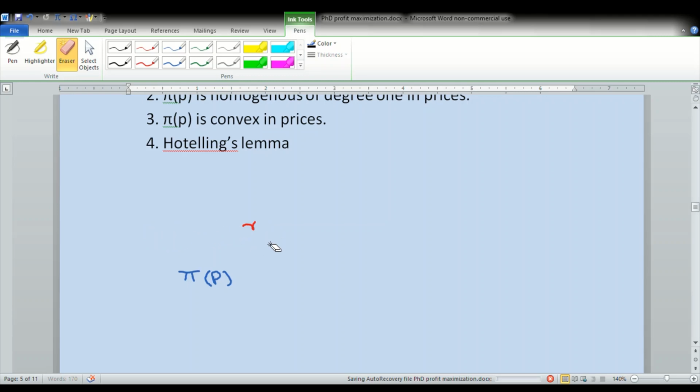Along the vertical axis, however, we are still plotting the profits. So let's talk in terms of input prices.